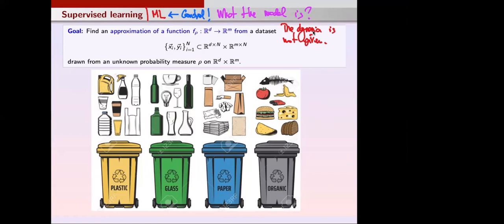As far as I know, there is no ordinary differential equation that can guarantee that the yellow should go here and the glass should go here. There is no such model. So machine learning, to a large extent, is about control without model.